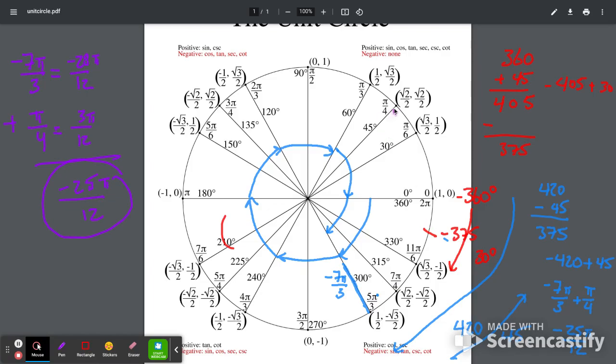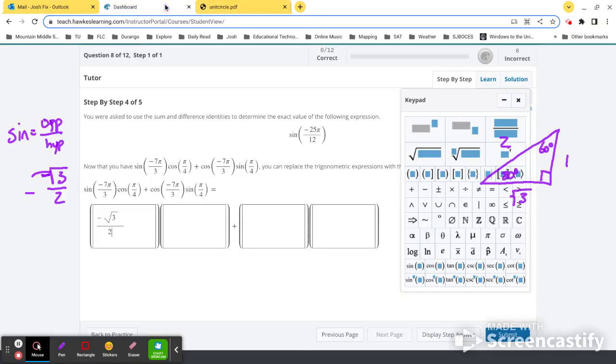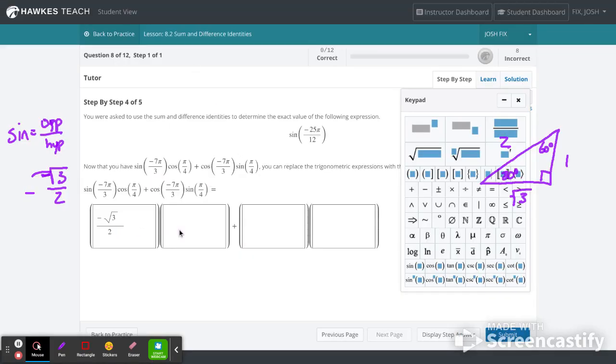And so pi over 4 is always going to be a square root of 2 over 2. Oops, I'm sorry, I had that backwards, my bad. We look at the triangle first, okay? So we're not looking at that.